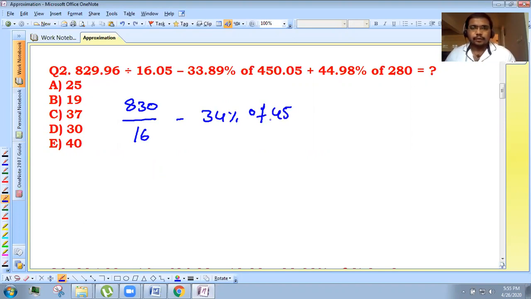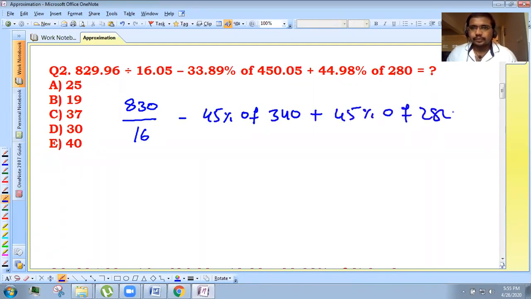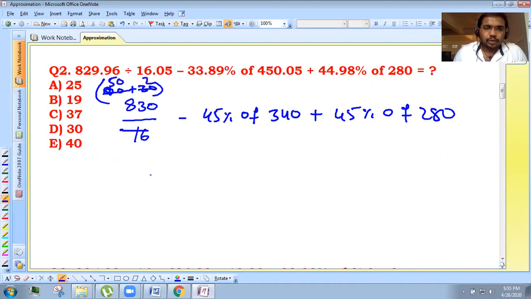Instead of writing 34% of 450, you can write 45% of 340, plus 45% of 280. See this, friends, 16 in 80. Why is it 80? Because I am taking 800 plus 30. 16 five times is 80, then it is 50 times, and 2 times extra.